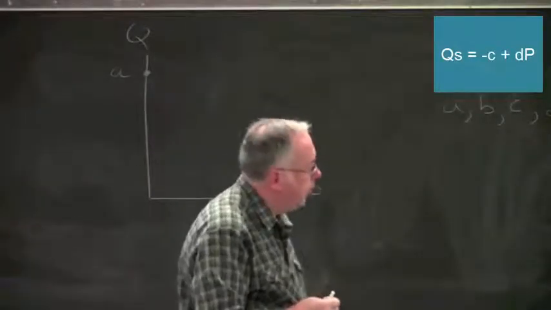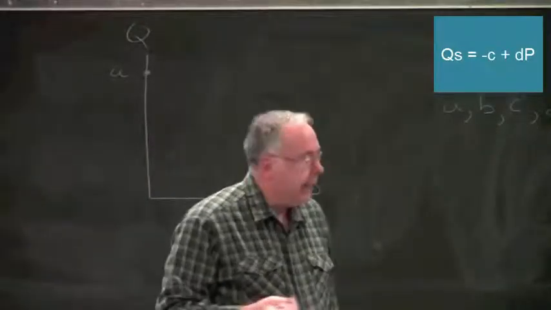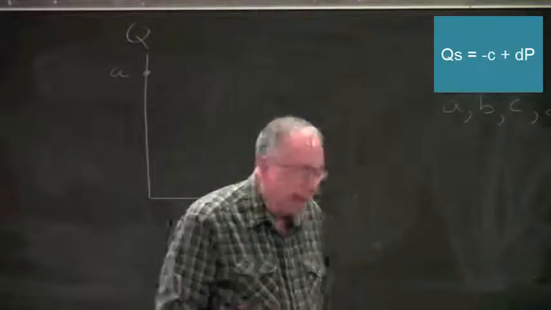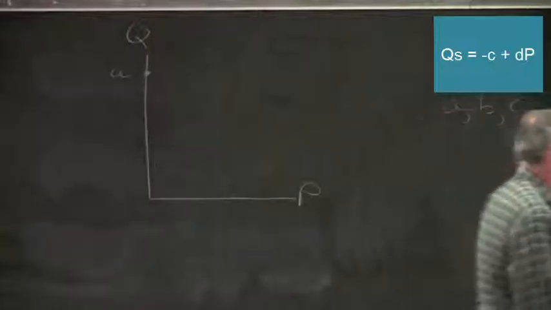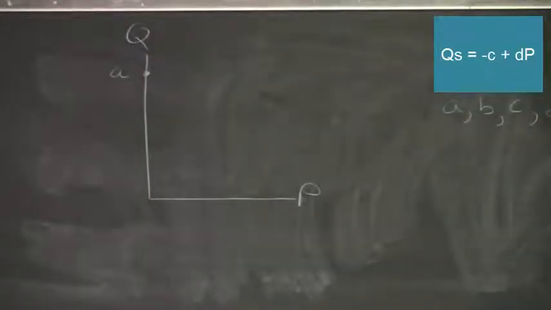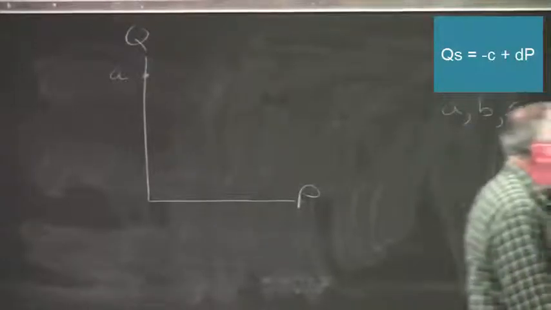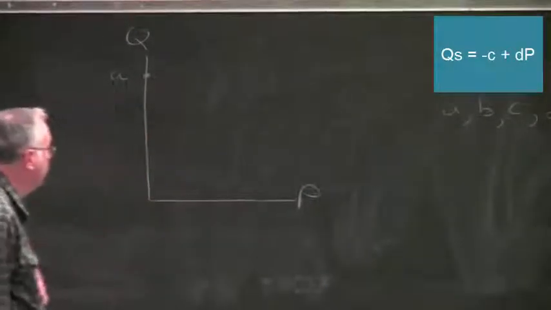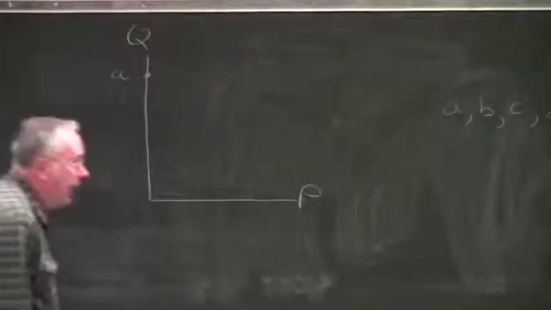Alternatively, you could describe A as the quantity consumers would want to buy if the price of the product were 0. If you were giving away the good, then A would represent the quantity that consumers would want to pick up. Vertical intercept.